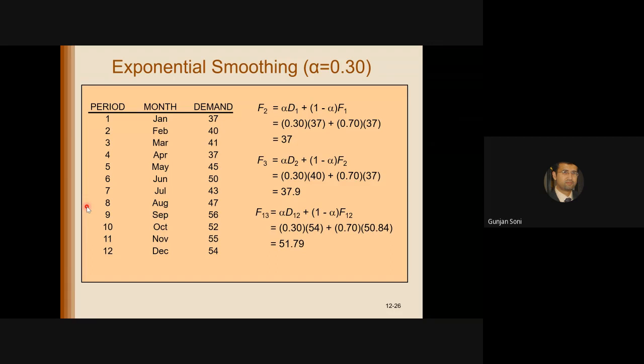And for May, 38.83. Actually, Ritika, you are correct for April. You are getting the correct value. Can you post your calculation in the group? Yes, sir. F5 is 38.28. So post your calculation in the group so that everyone can see it.